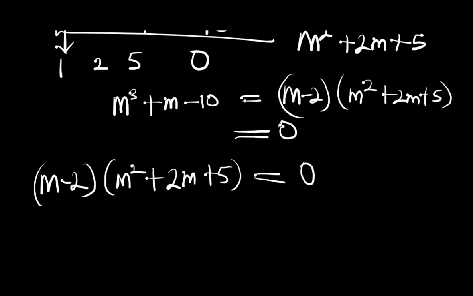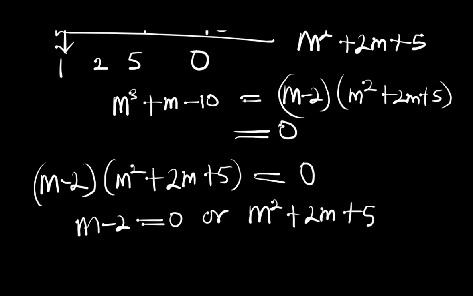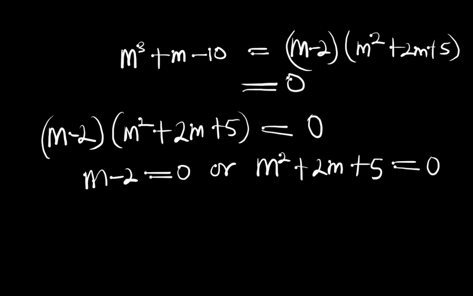From here we can simply solve for m. We have m minus 2 equals 0, or we have m squared plus 2m plus 5 equals 0. For the first part, we have m equals 2, like what we have done before. So this becomes one of the solutions.